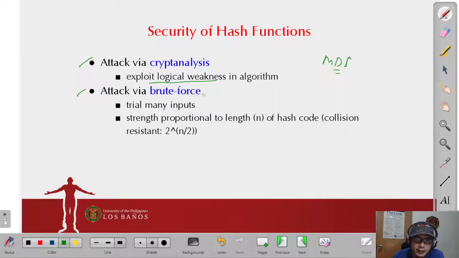Or via brute force, you can try many inputs. The strength is proportional to the length of the hash code. It's very difficult to brute force this, because you have a big search space.